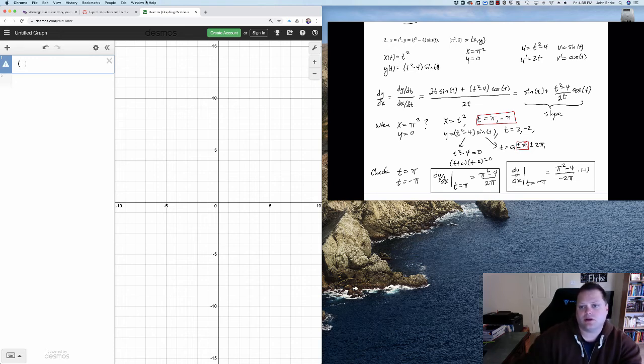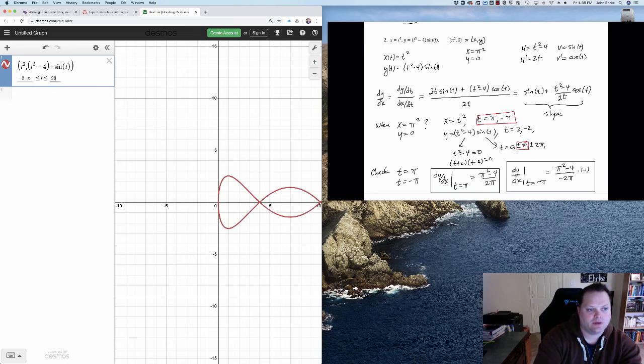So our coordinate here is t squared, and then the y is t squared minus 4 times sine t. I don't have a time interval for this, but because this is pi and minus pi, I need to go out at least that far. So I'm going to do minus 2 pi to 2 pi.